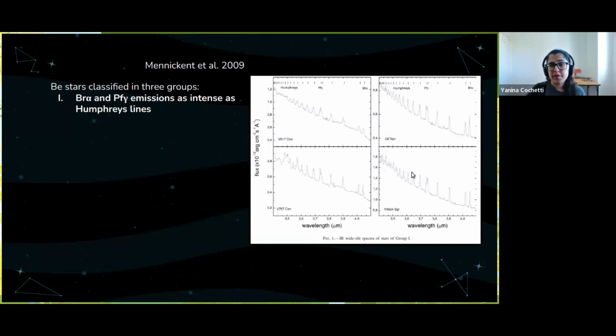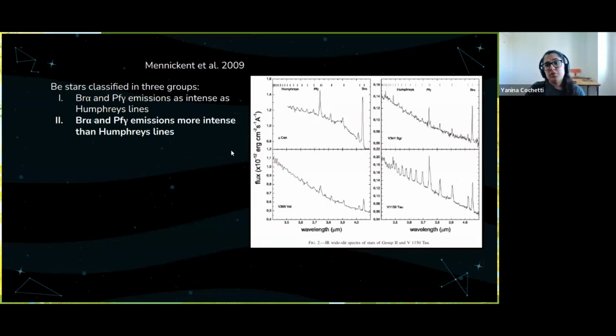The main characteristic is that the Humphreys lines are as intense as Pfund gamma and Brackett alpha. You can see Brackett alpha here, the line more in the right part of the spectra. Pfund gamma is one of these 2 lines together, and the Humphreys lines are all the others. So if they present similar intensities, you classify the star in group 1.